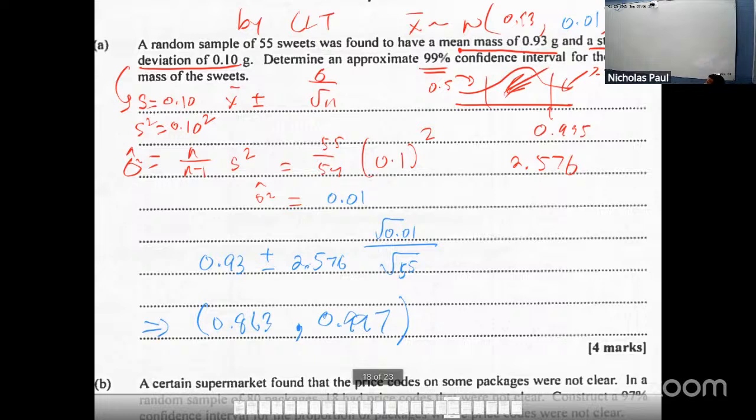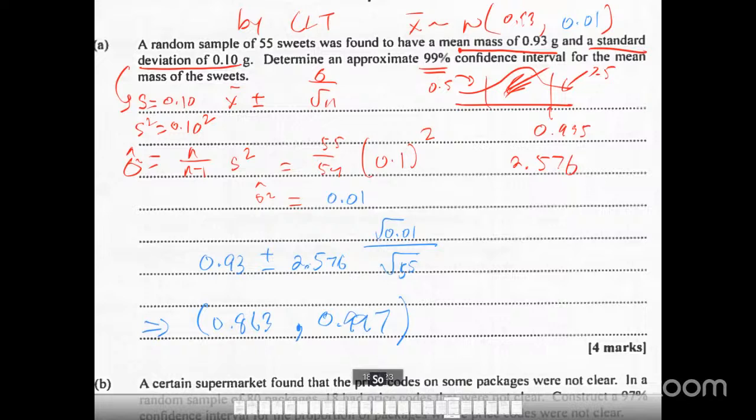Anybody else get it? So I got 0.965 or 0.895, I don't know.